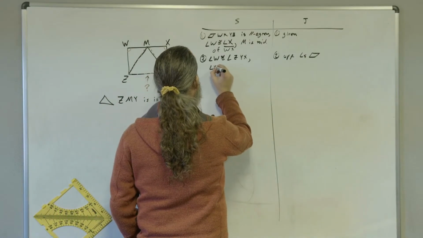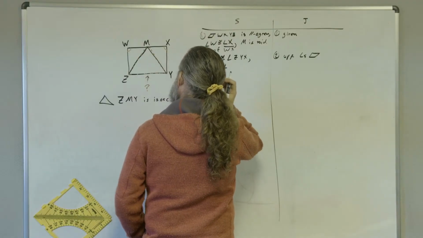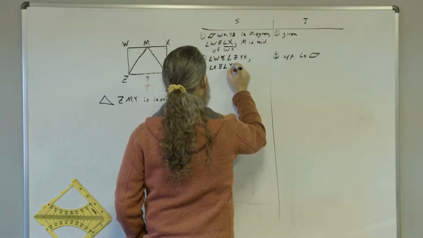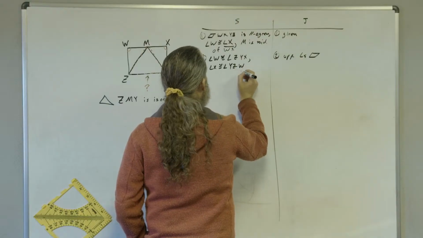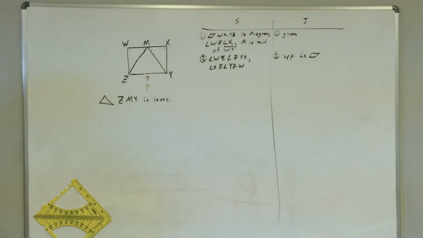Angle X is congruent to angle YZW. I'm going to do it as YZW to keep the way I wrote the direction, but I don't know that it's going to matter on this. So that's true, absolutely, because parallelogram. What else could we say?